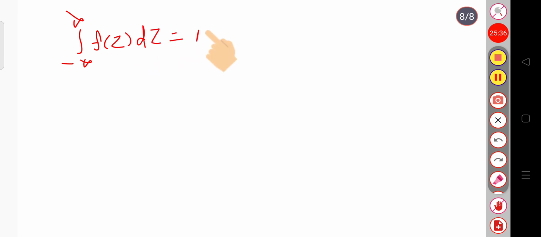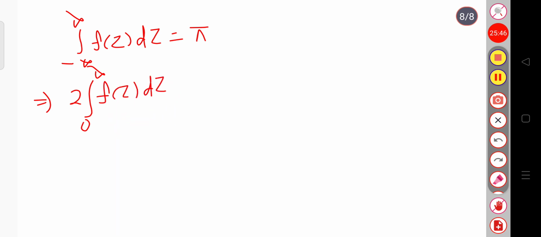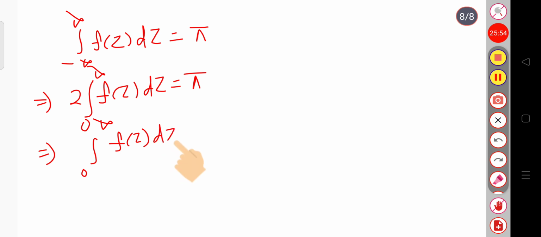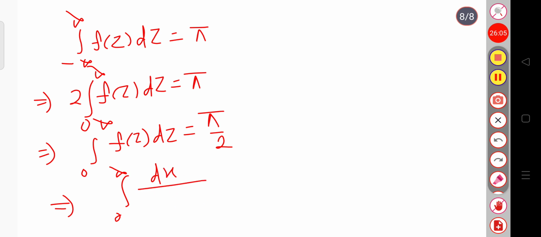This can be written as twice of integral 0 to infinity f of z dz, which is equal to pi, and this integral 0 to infinity f of z dz will be equal to how much? This 2 will get divided here, so this will be pi by 2, or you can simply write it as integral 0 to infinity dx divided by 1 plus x square will be equal to pi by 2.